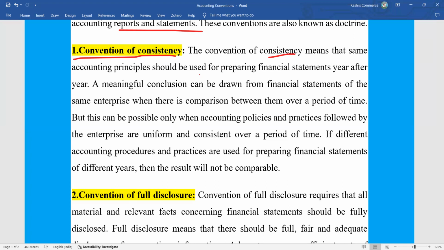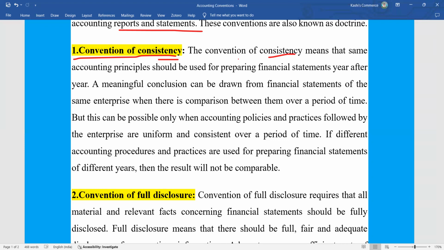As already discussed in the concepts of accounting, if a company adopts the straight line method for calculating depreciation, we have to follow the straight line method for the entire useful life of an asset. Or if we adopt the diminishing balance method or written down value method, we have to follow the same method for the entire useful life of an asset. That is called consistency.